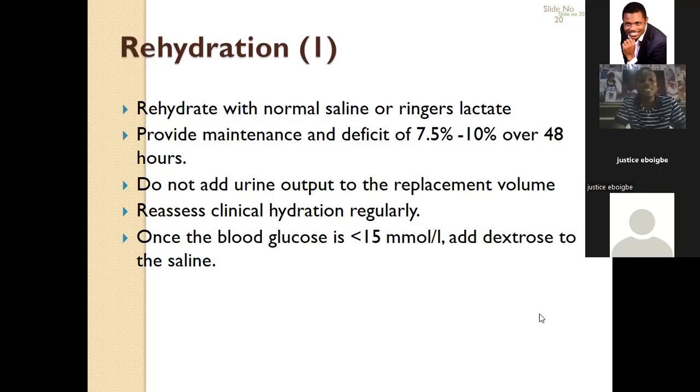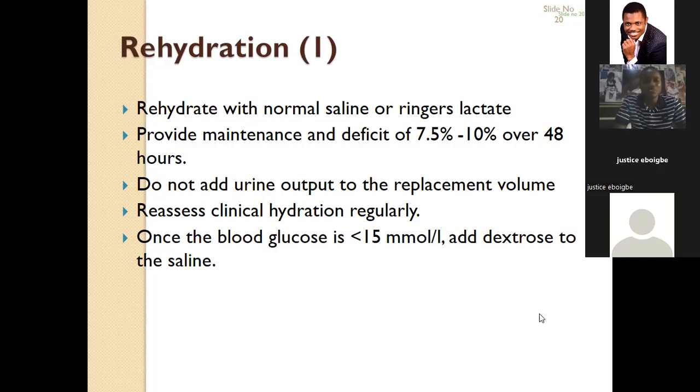Rather, we use the age-appropriate fluid volume to give maintenance over 47 hours. However, the principle of correction is the same. You correct deficits, and then you give maintenance. Those two things go together. Like I said, you do it over 48 hours.